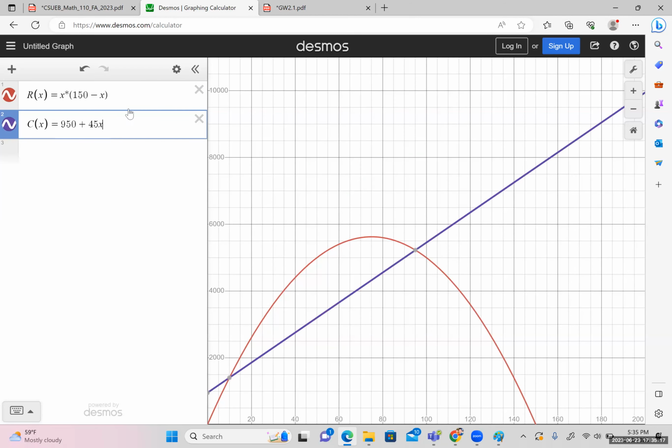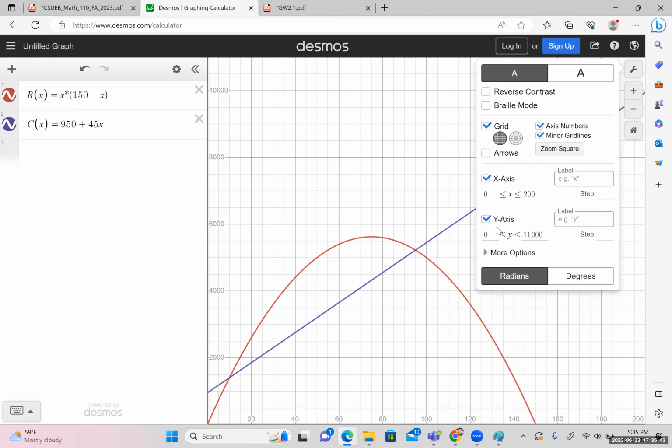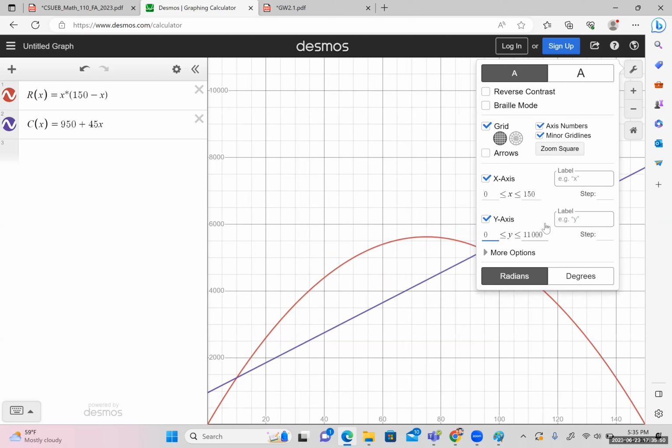And that's it. You may have to adjust the values for y and x to make the graph nicer. You know that the maximum is 150, and then for the x, let's see, so x is up to 150 only. For the y, you may get up to, I would say, 8,000.